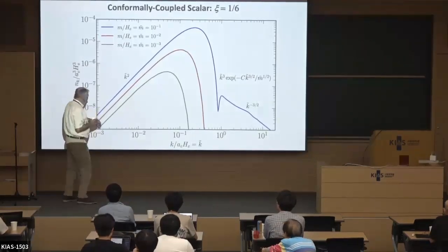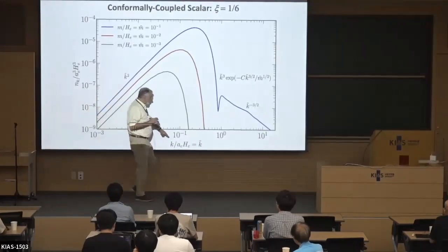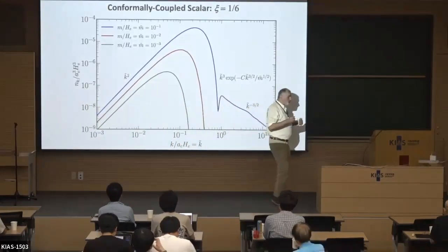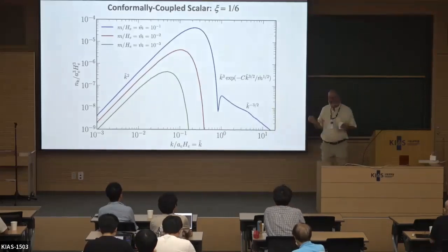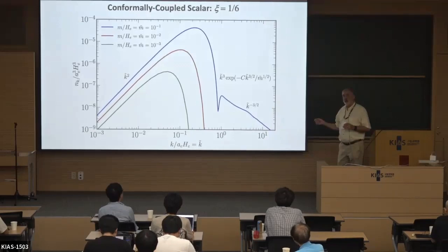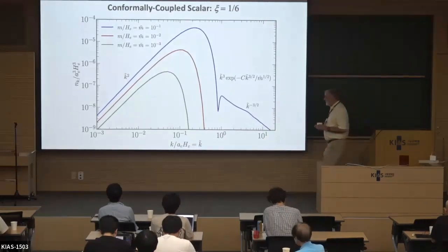So if k over a_E is equal to 1, that means that the mode is just coming into the Hubble radius at the end of inflation.